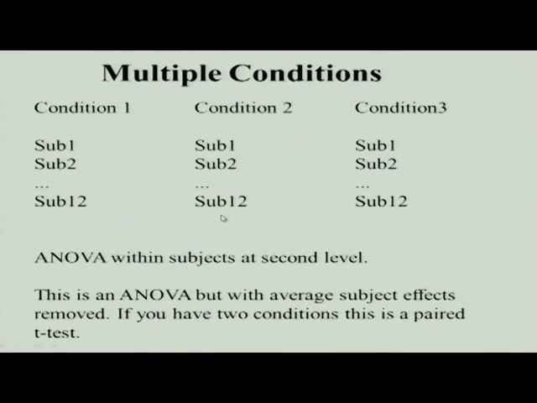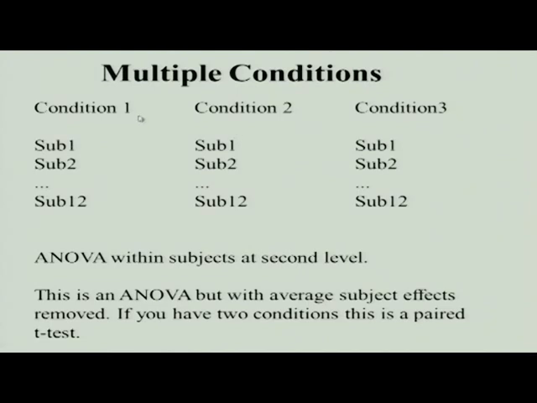A slightly more complex situation is where the different experimental conditions are measured in the same subjects. So here, this could be different sorts of memory tasks. For example, you may have N-back working memory tasks, where you get subjects to see if the current item is the same as the last one, or the second one before, or the third.